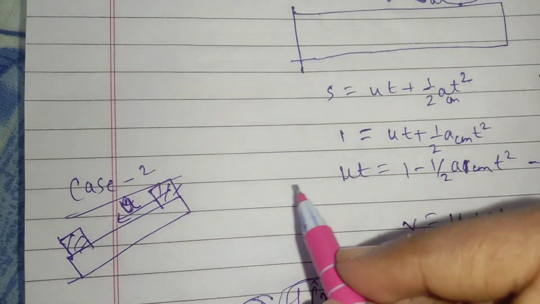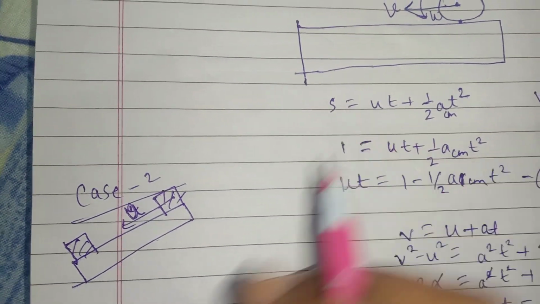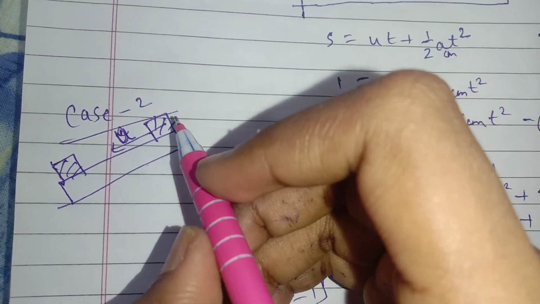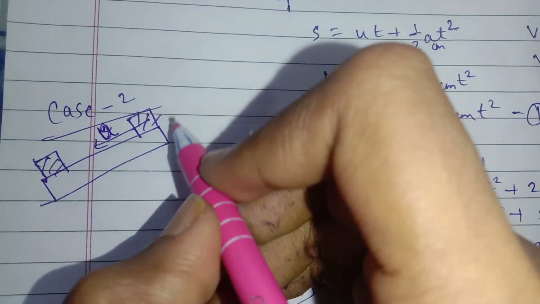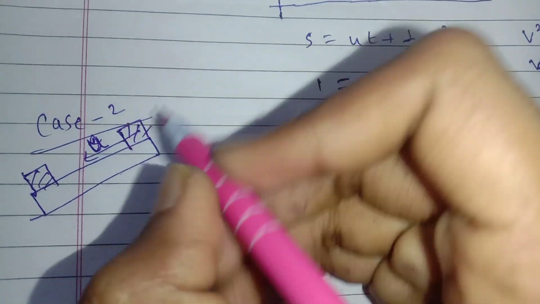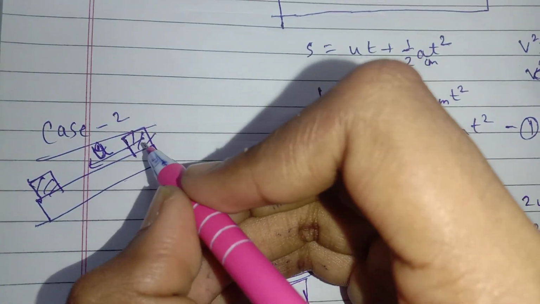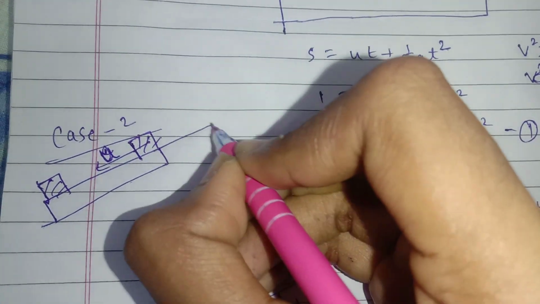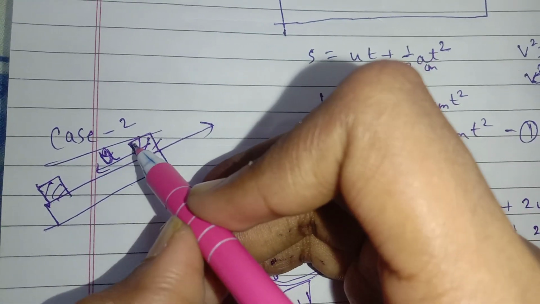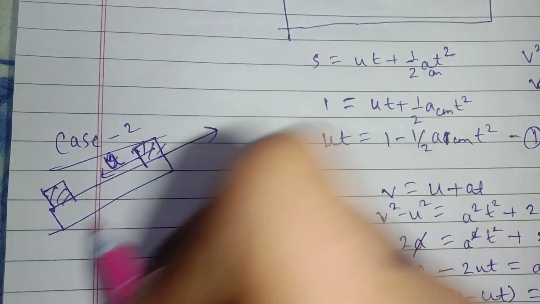Then what will happen in this part, if the block moves and friction acts on it.